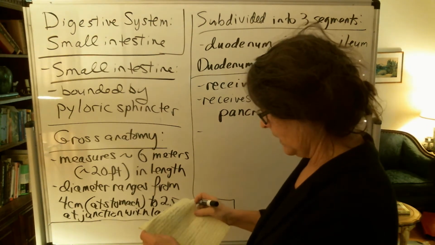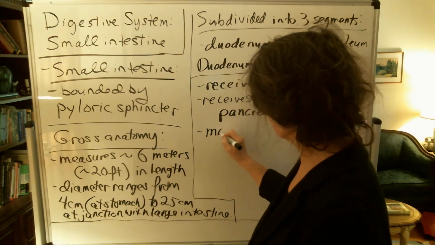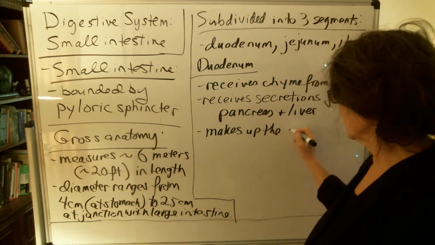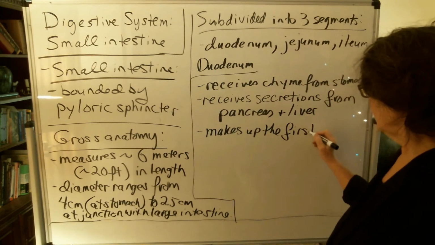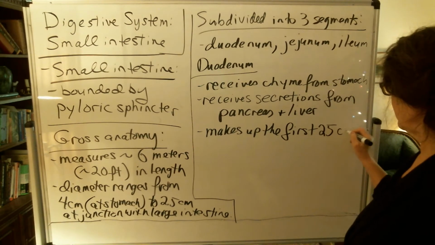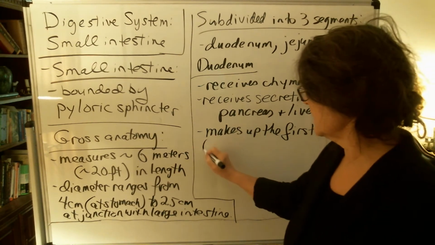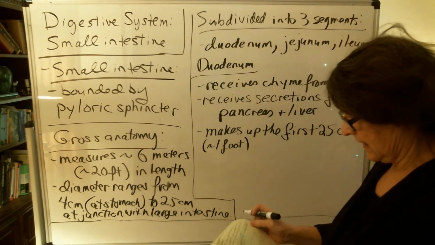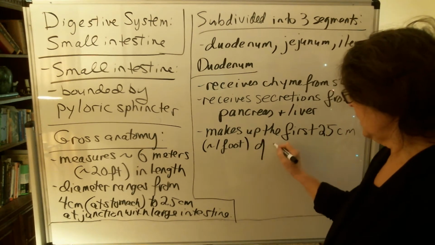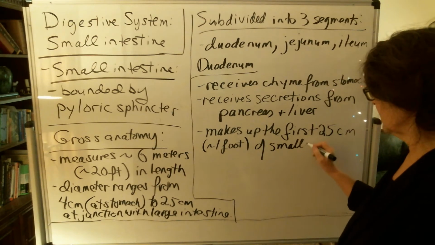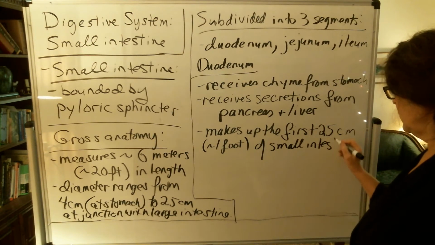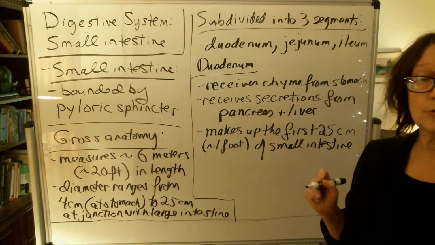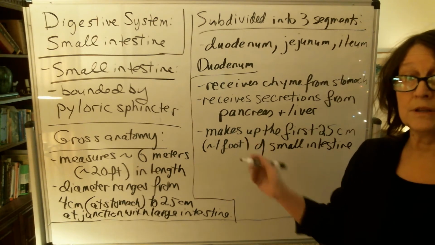And the duodenum then makes up the first 25 centimeters, that is to say approximately 1 foot of the small intestine. So it is therefore about the first foot nearest to the stomach.